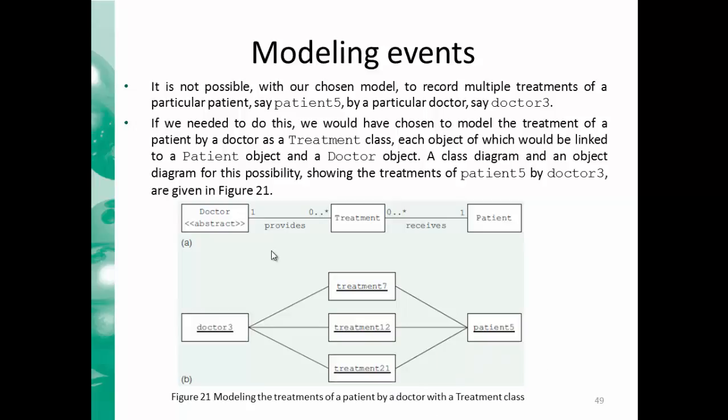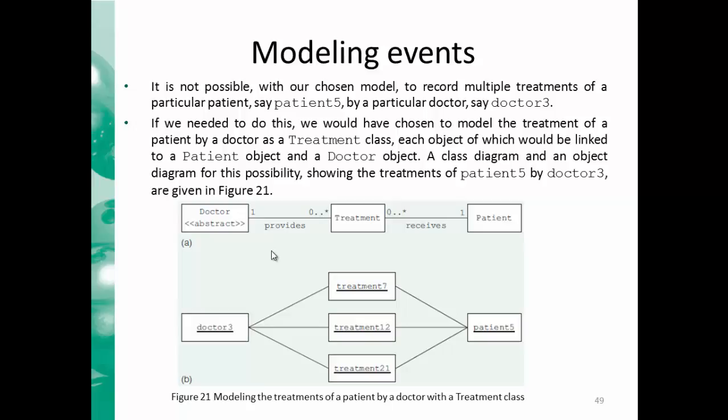In case, for example, we found that treatment is requiring additional information, then we may need to represent it as a class. And in this diagram, we see treatment represented as a class, and we see an object diagram of treatment.